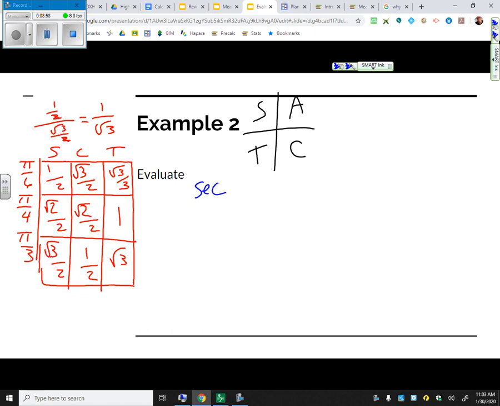Okay. Andrew, give me one of the values on the unit circle. One of the special values. The angles. Ooh, 11 pi over 6.